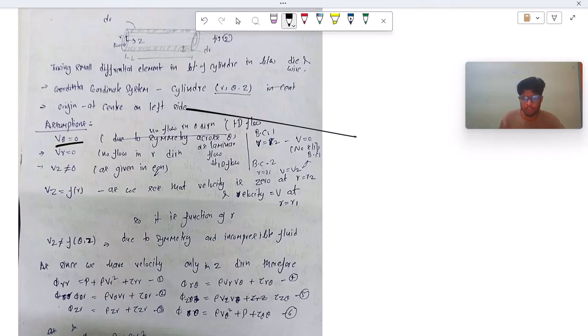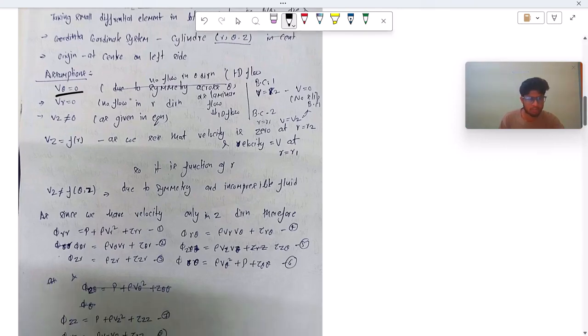There is a 1D laminar flow which is taking place in the z direction. This is the z direction, this is the r direction, and there is a theta direction here. We are basically taking cylindrical coordinates which have our origin here on the left side of the cylinder.